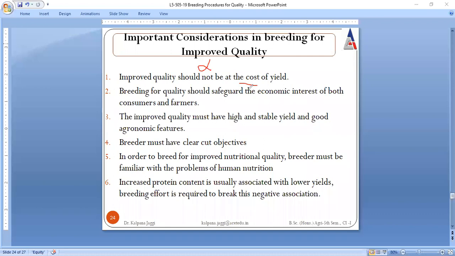Because if this is done, it is not going to be consumed by the consumers and the farmers. Because the very first preference of the consumers and farmers is that they want the availability of improved quality species in the market, but they also want that improved quality must be available at a very low cost or at a cost that is easily in their access, right?